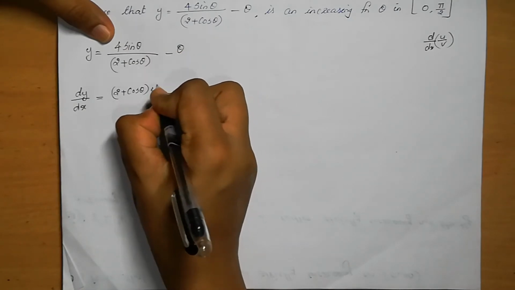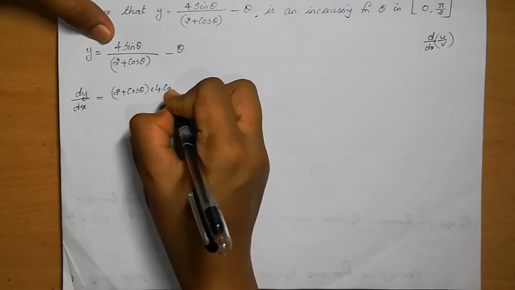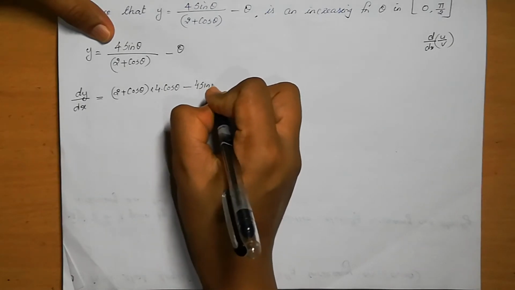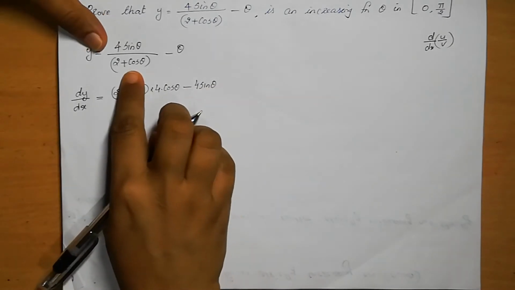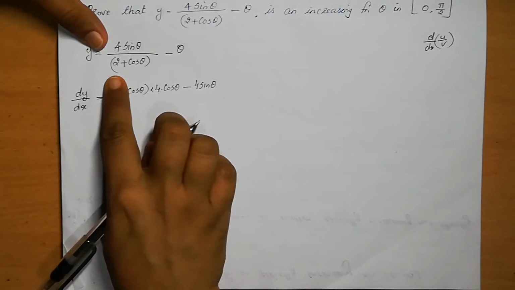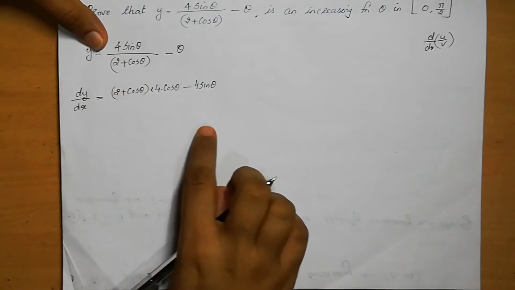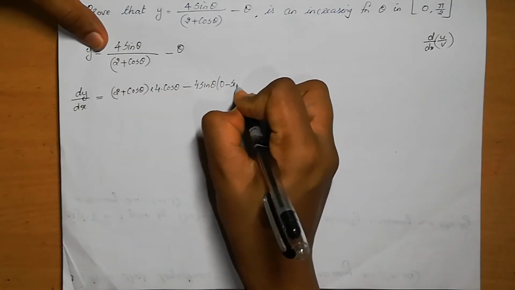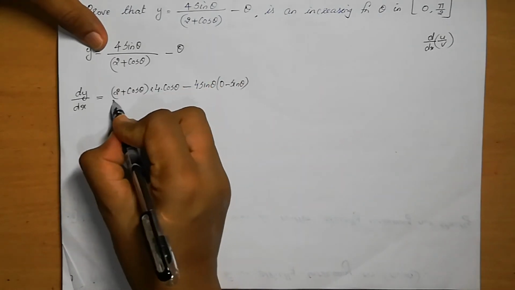That means 4 into derivative of sin theta is cos theta, minus 4 sin theta into derivative of 2 plus cos theta. The derivative of 2 is 0 only. Next, derivative of cos theta is minus sin theta, so 0 minus sin theta we can write.